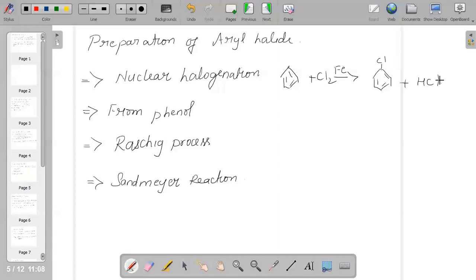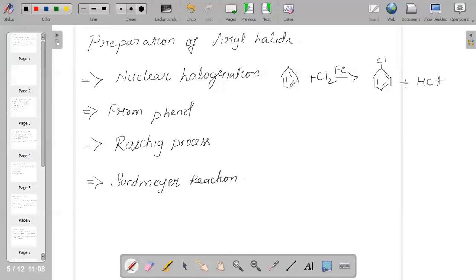We can also prepare it from the Raschig process, where benzene is treated with hydrochloric acid in presence of copper(II) chloride, once again it gives us chlorobenzene.